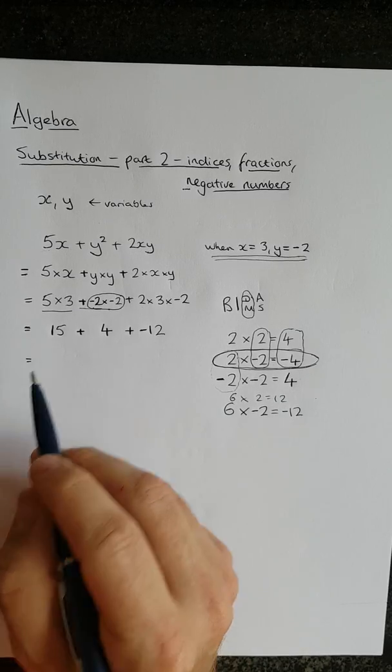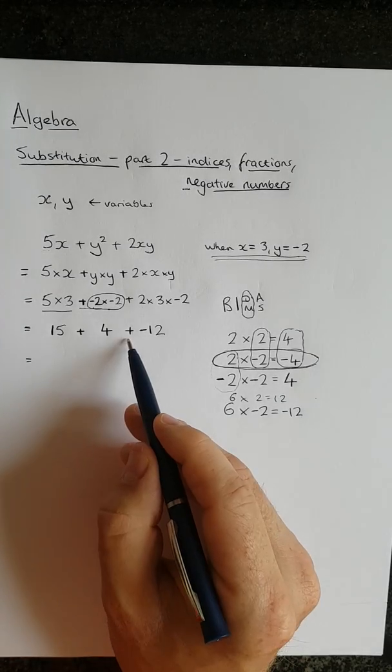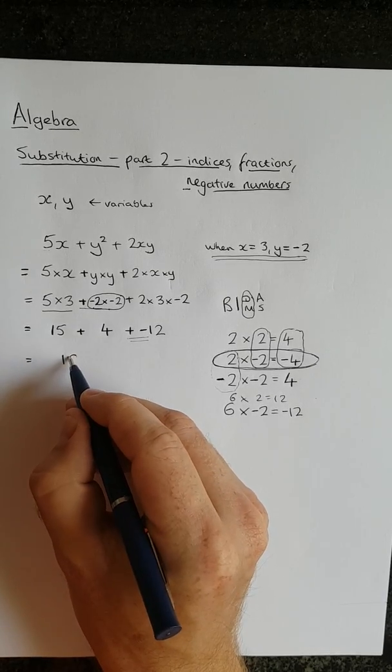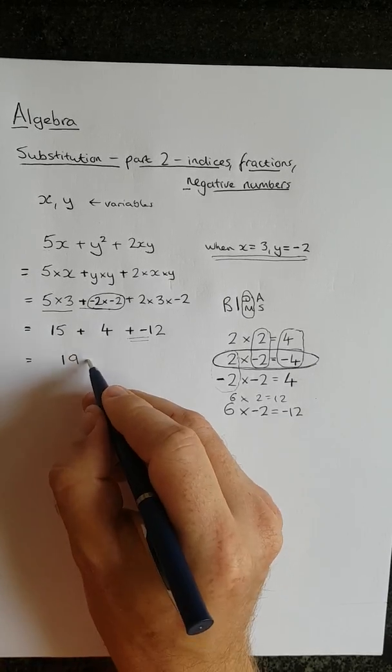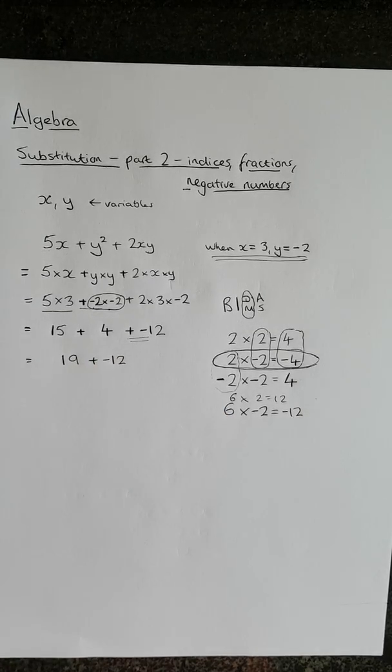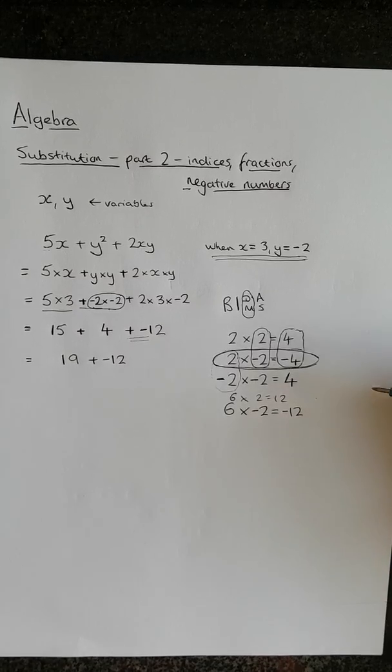All right. Let's get to our next stage and look at what we've got here. We'll come to that in a second. 15 add 4 is 19. Then we've got to add negative 12. Now, to do this, I think you need to follow a similar approach to what we did with multiplying, which is to consider something different.